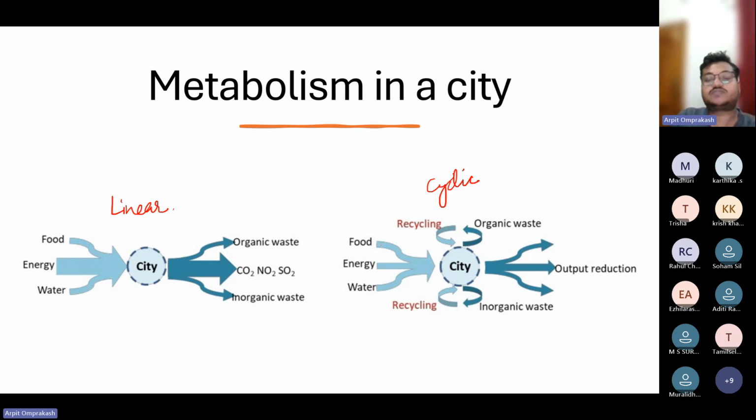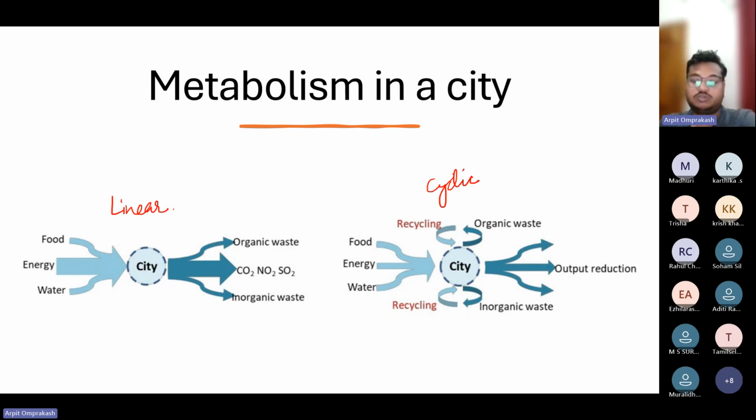So here what we have is food, energy, and water. And again, some of the organic waste that is produced by the city, we are recycling it. For example, using sewage as manure or trying to convert it into biofuel or methane or things like that.